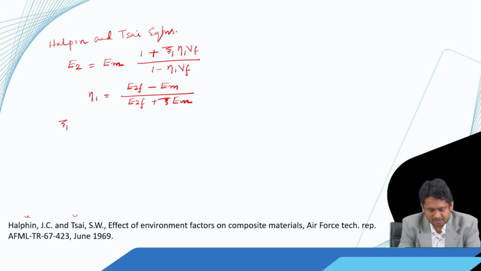And xi 1 is something that we can control, that is known as the reinforcing efficiency factor, and this depends on a few parameters.